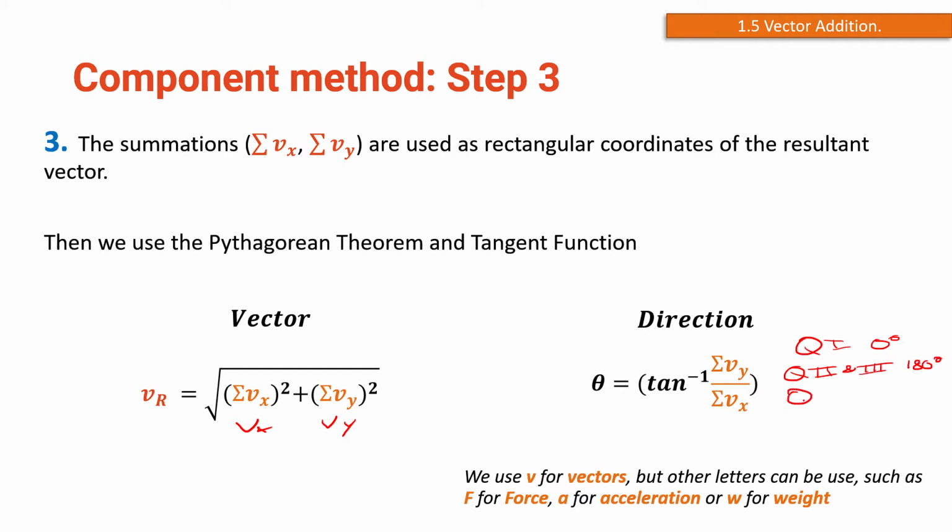And finally, for quadrant number 4, it's 360 degrees. And then you need to add the result of this operation. Another thing that is important to consider is that sometimes you will have different letters. Instead of a B, an F if it's force, an A if it's acceleration, or W if it's weight.